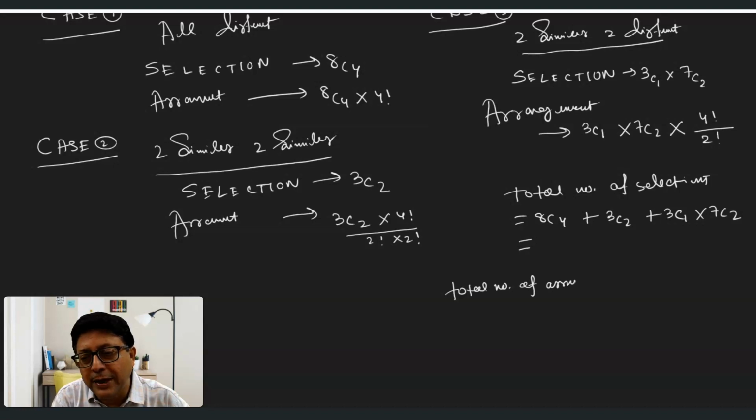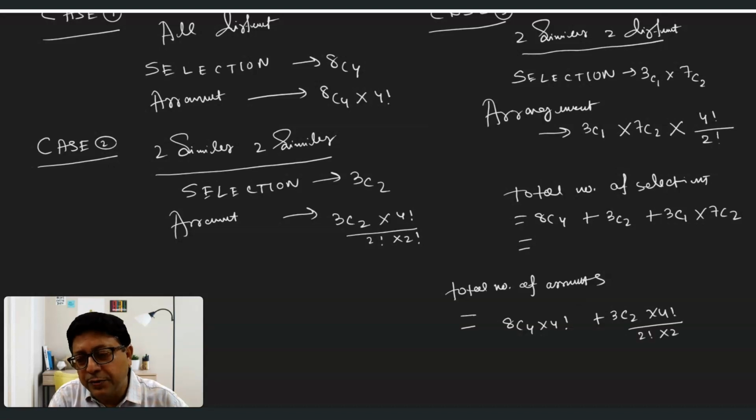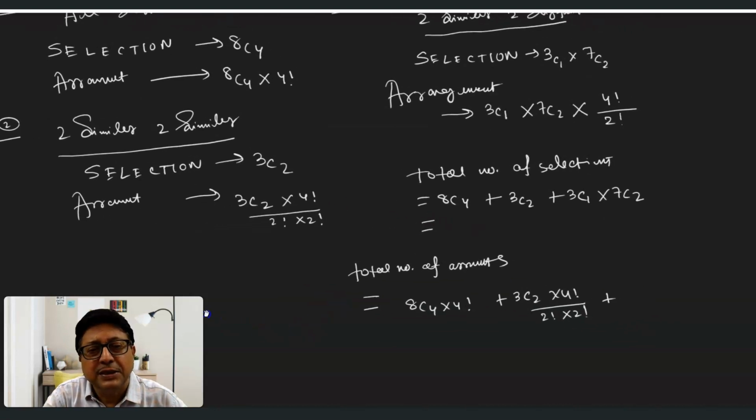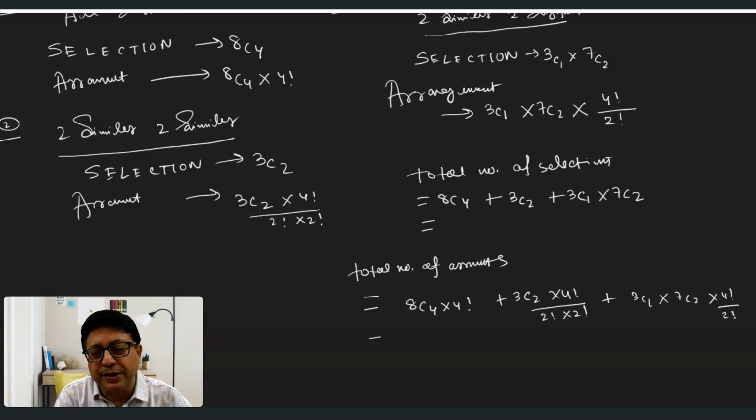Total number of arrangements is going to be equal to 8C4 into 4 factorial plus 3C2 into 4 factorial by 2 factorial into 2 factorial, this plus 3C1 into 7C2 into 4 factorial by 2 factorial.